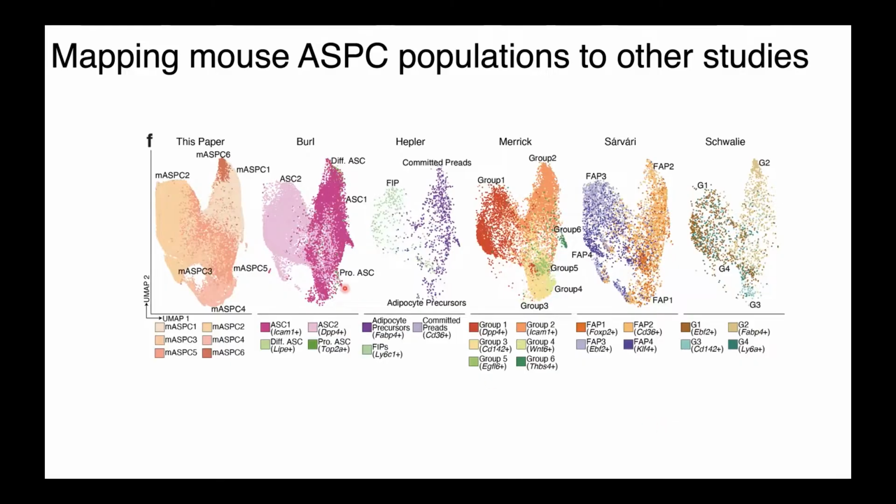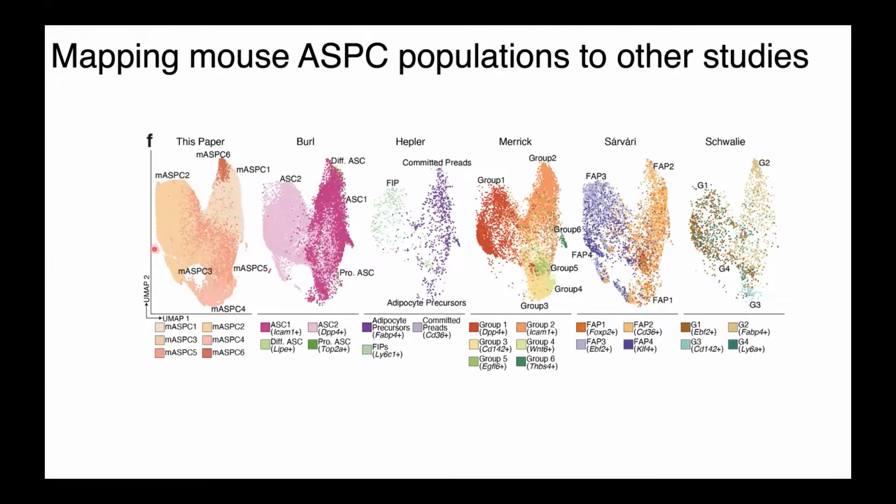So here we're able to compare populations across groups. What I've done here is I've integrated our data with data from these previous papers, and then plotted each of these data sets by the cell type annotated by each author. So you can see that even though we're calling them different things, we are seeing very similar populations of these cells across species.